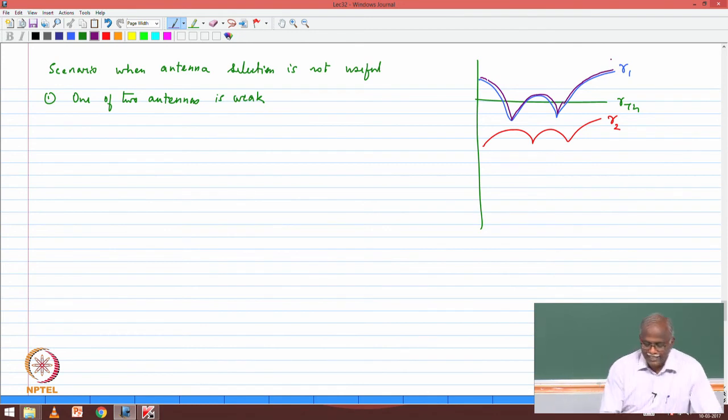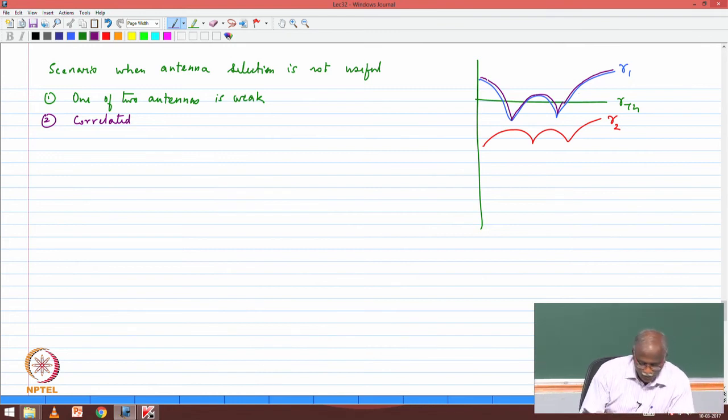So, that is a second scenario: the antennas are correlated. This is a case where the correlation factor is equal to 1. Whenever one antenna is in a fade, the other one is also in a fade, so there is no benefit for this particular element.